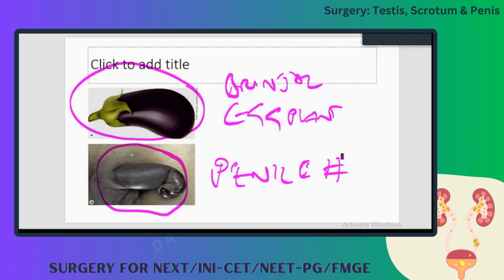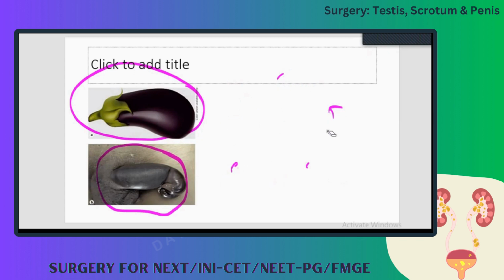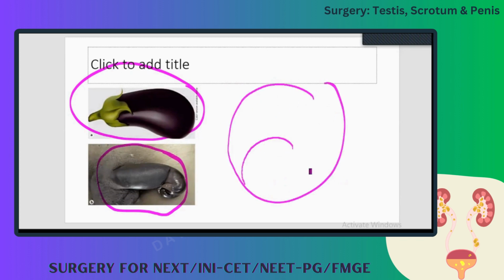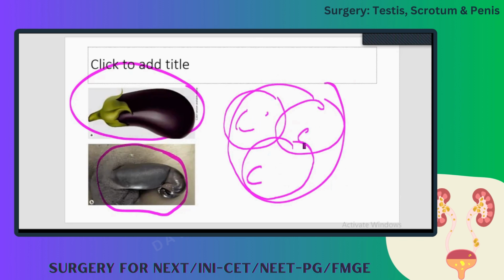So normally what is there inside the penis? This is also a spotter. See, cut section of penis. What are the three things? Corpus cavernosum, corpus cavernosum, and corpus spongiosum. Corpus spongiosum will have the urethra.